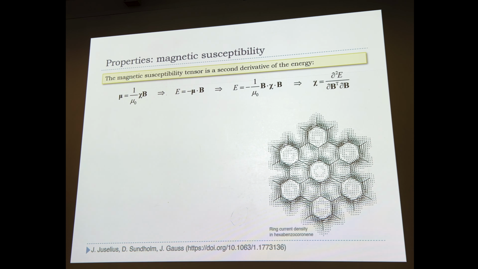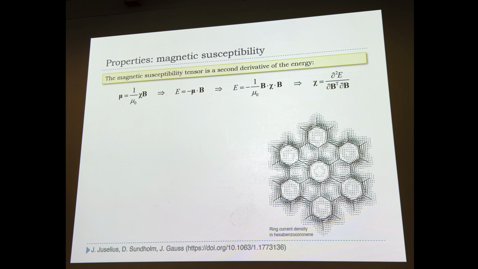And in sufficiently weak fields, for which basically read any reasonable field we can create here on Earth, even the strongest magnets, our induced magnetic moment is proportional to the applied magnetic field, and the proportionality coefficient is not a scalar, it's a matrix, and this is because certain materials are anisotropic and your induced magnetization needn't be collinear with the applied magnetic field, it can be at some angle, and so the proportionality coefficient here is a matrix.